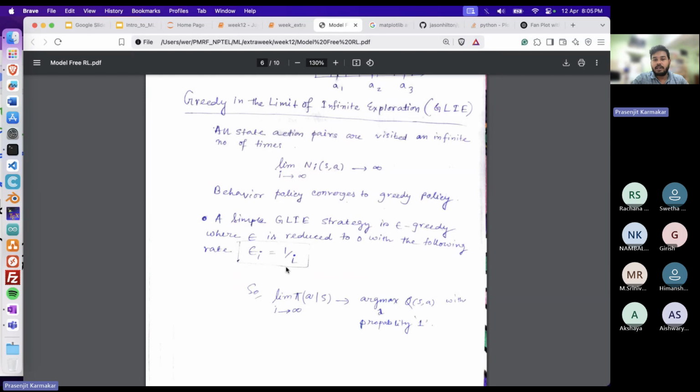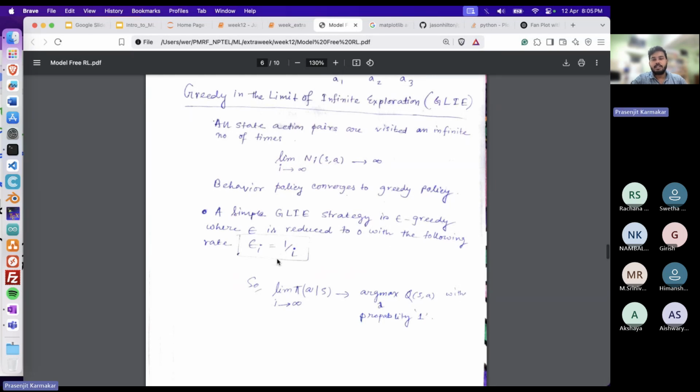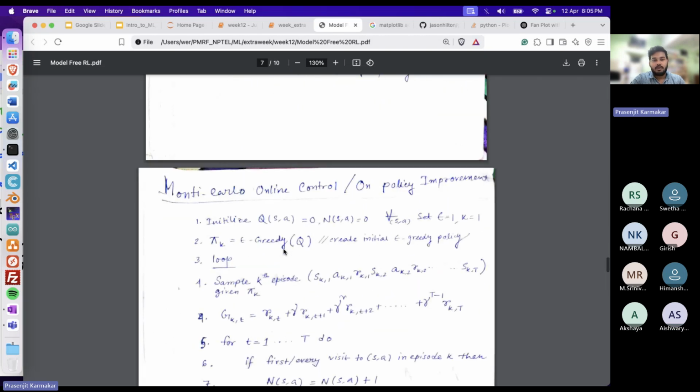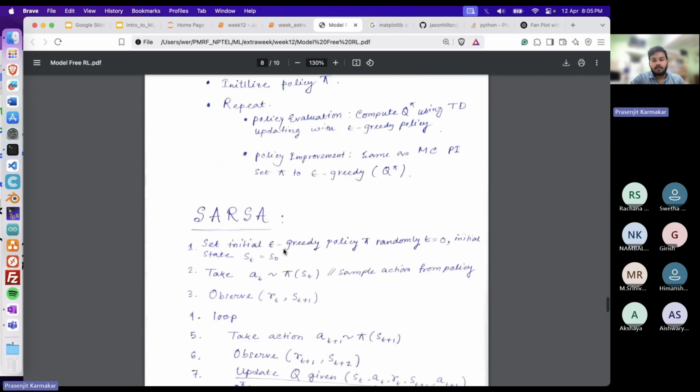And when t becomes infinity, my epsilon becomes 0. So basically I exploit all the time. But I start with epsilon equal to 1, so I explore completely at the beginning and then go to 0 exploration, or complete exploitation or greedy, right? So this you know. Now another thing that you know is SARSA, right?